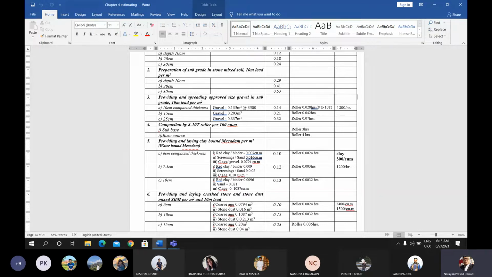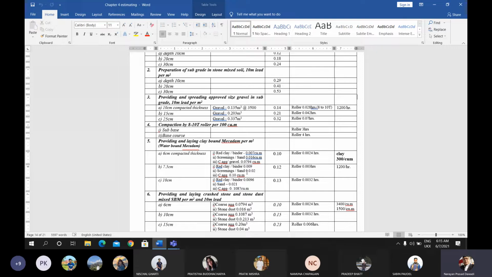For 1 meter square area and 6 centimeter compacted thickness, 1 into 0.06 gives 0.06 cubic meter. You may be asked in terms of cubic meter in the question. So I have provided the area and the thickness. After multiplying the area and the thickness, you will get the cubic content of the water bound macadam.